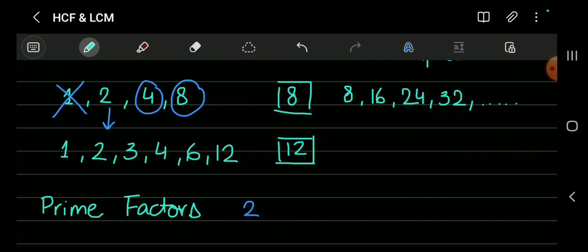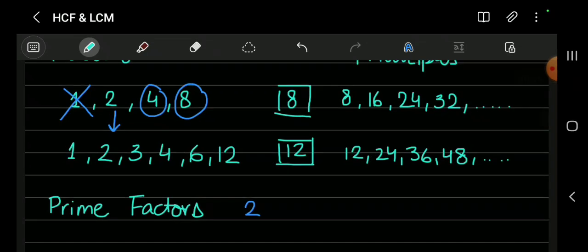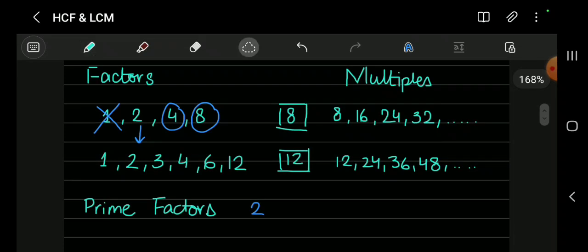Now what are the multiples? 12, 24, 36, 48 and so on.